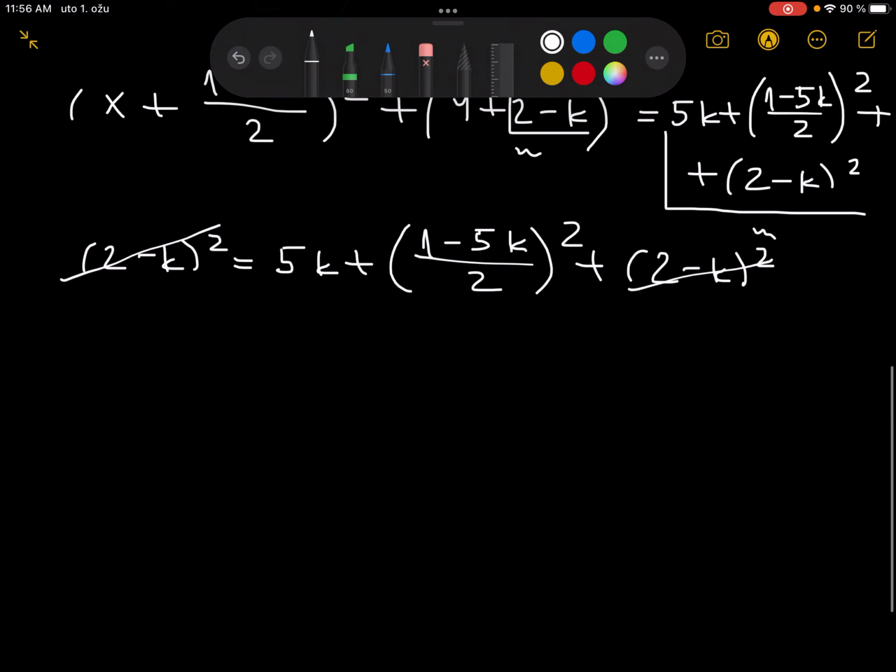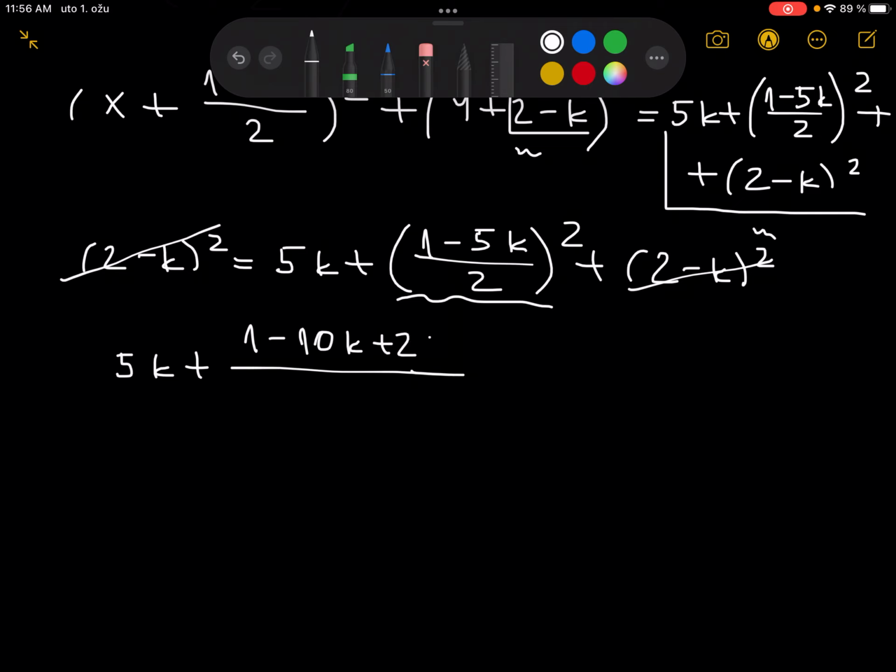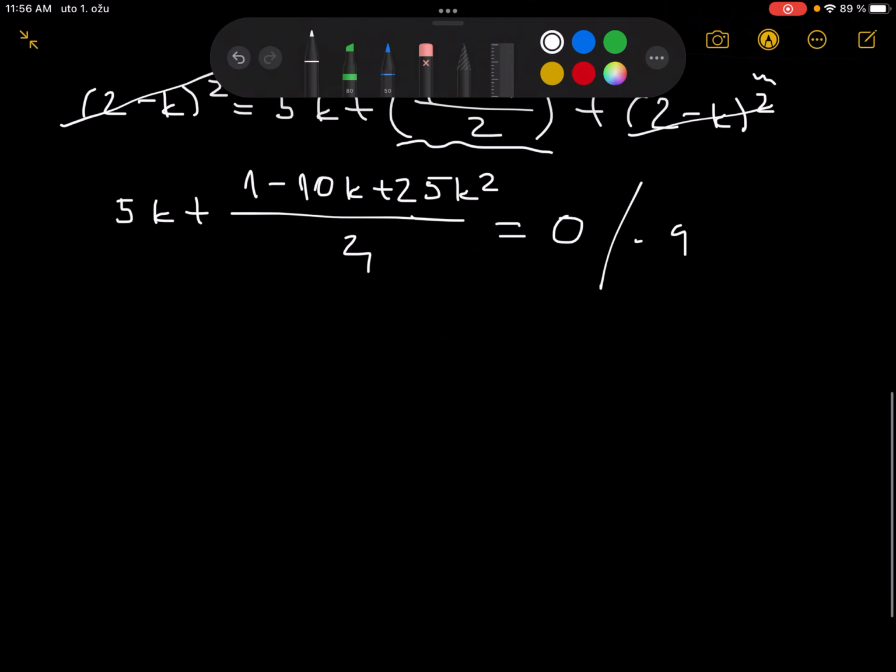From here we get that 5k plus this part right here, and I'm just going to expand it, plus 1 minus 10k plus 25k squared over 4 is equal to 0. Let's go ahead and multiply everything by 4.